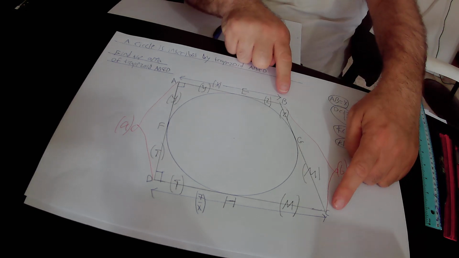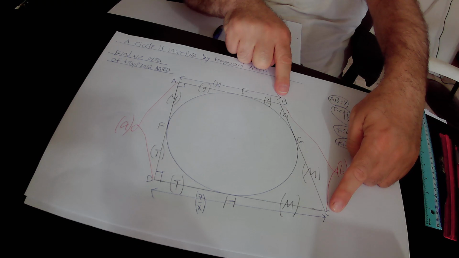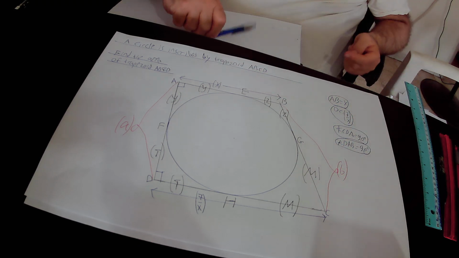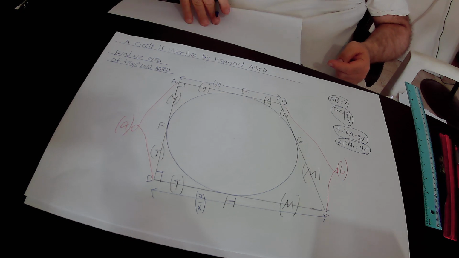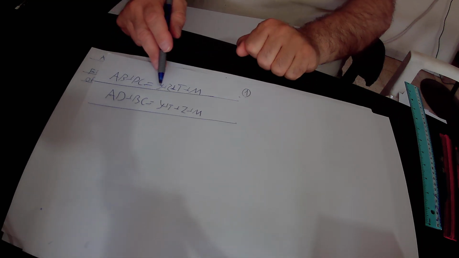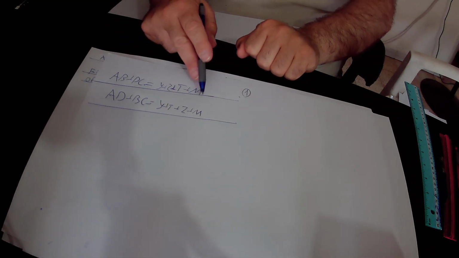And BC, also according to rule 2, equals z plus m. So in total we find that AD plus BC equals y plus t plus z plus m.